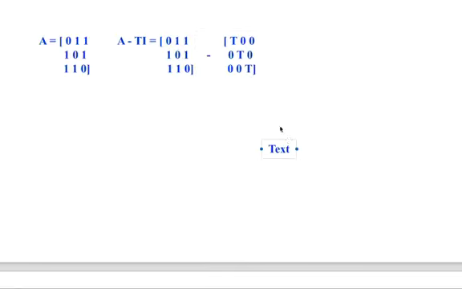So nothing but minus lambda 1 1, 1 minus lambda 1, 1 1 minus lambda.